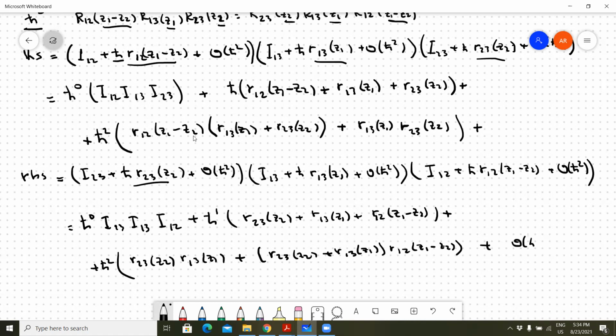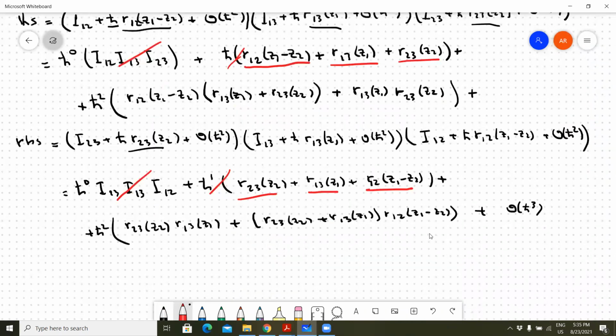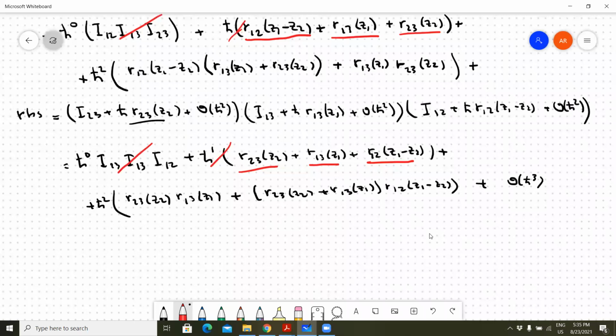Okay, so let's look at what's happening. At order 0 it is just identity on both sides. In order 1, we have this here, that here, this here, and this, so it cancels as well. So the first one that doesn't cancel is order 2. And if you look, this minus this is the commutator, right?